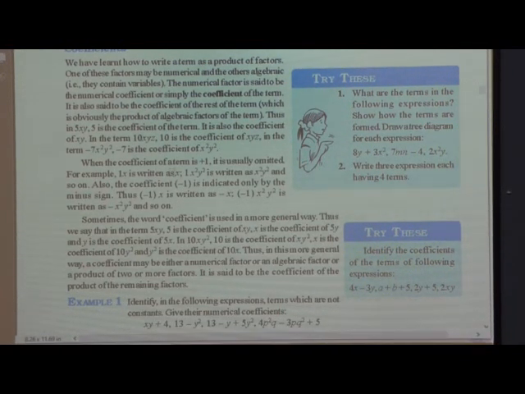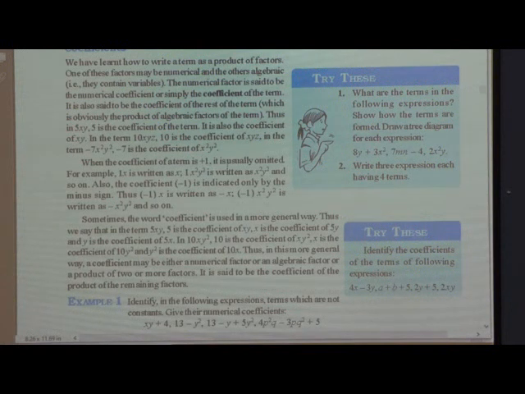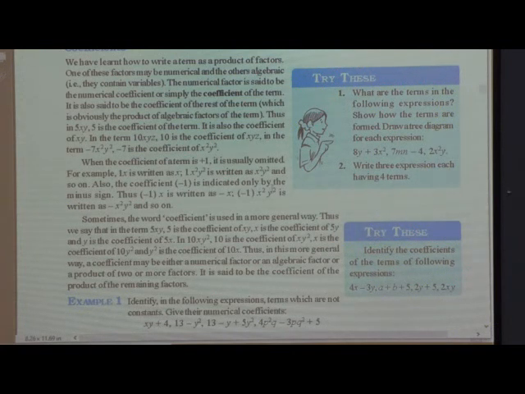When the coefficient of a term is plus 1, it is usually omitted. We don't write 1 there. For example, 1x is written as x only, and 1 x square y square is written as x square y square, and so on. Also, the coefficient minus 1 is indicated only by the minus sign.